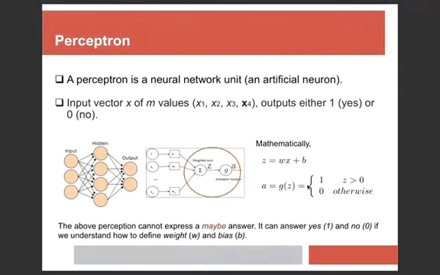First, the perceptron. A perceptron is a neural network unit. You can also call it an artificial neuron. In the left figure, as we can see, there are the units in the hidden layer and the output layer. For each of these units, we can have its internal view as shown in the right figure. Each neuron can be divided into two parts. The first is a weighted sum.